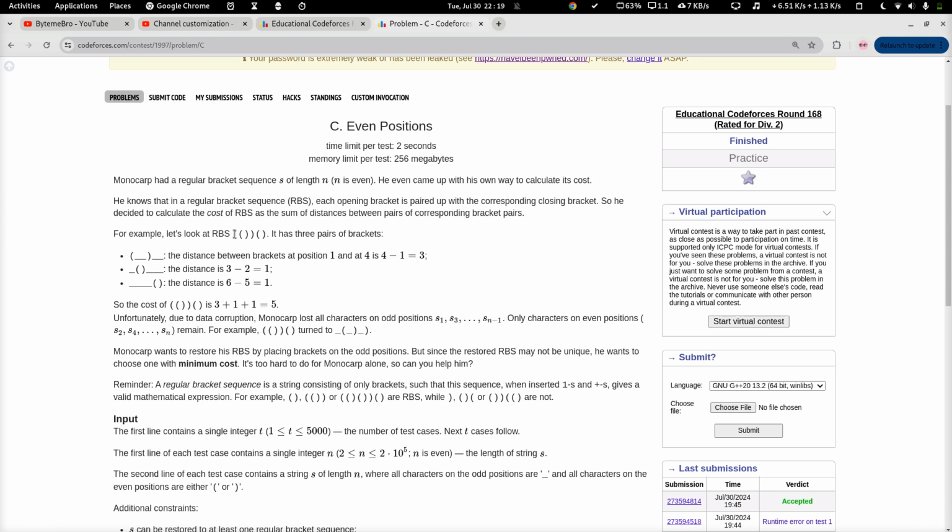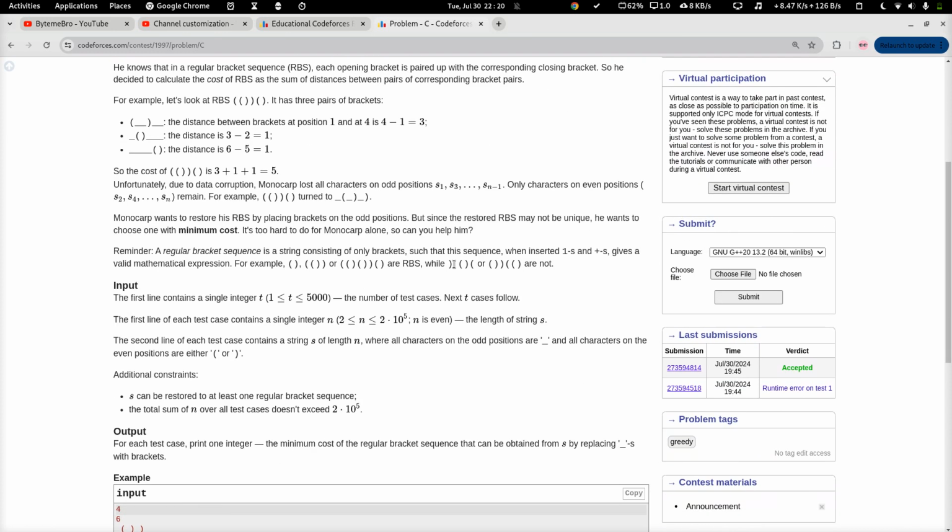With one-based indexing, it is at index 1 and then 4, the ending one. So the cost for this bracket is 4 minus 1, which is 3. Then for this bracket it is 3 minus 2, that is 1. Then for this bracket it is 6 minus 5, that is again 1. Then we add the costs: 3 plus 1 plus 1, which equals 5.